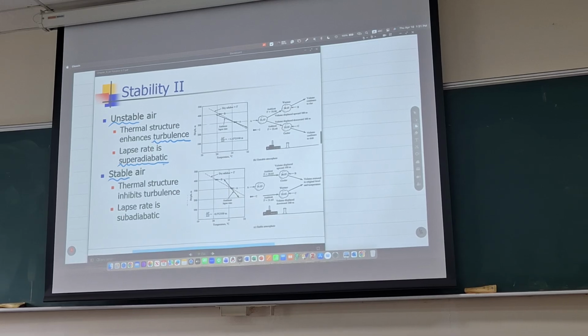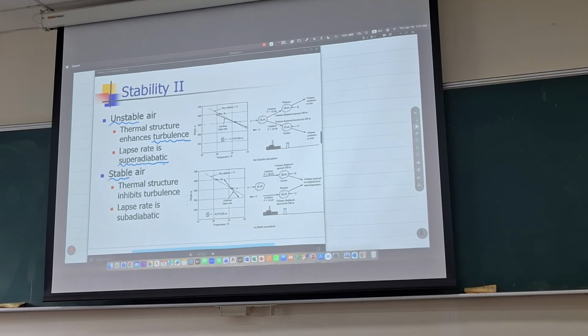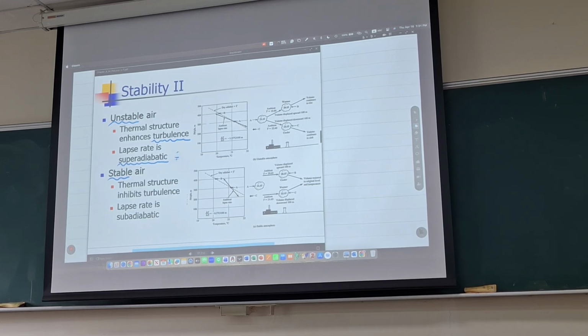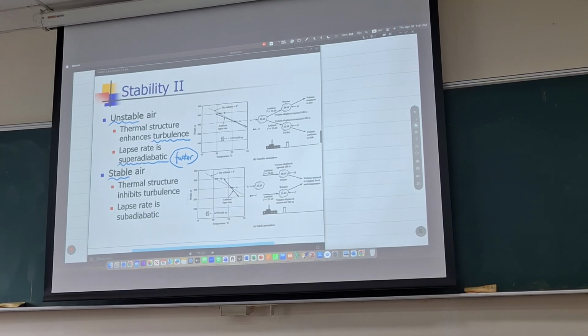Super adiabatic means the air temperature decreases with height faster than the adiabatic lapse rate. Everyone knows that?